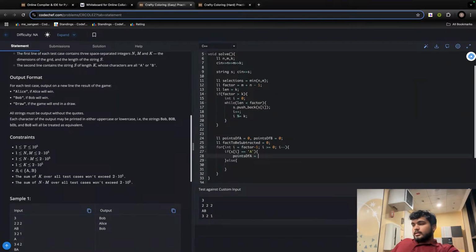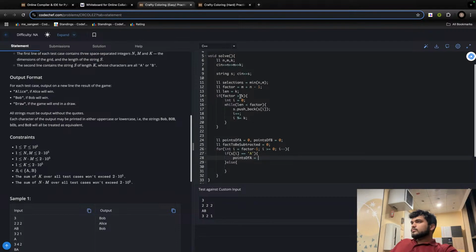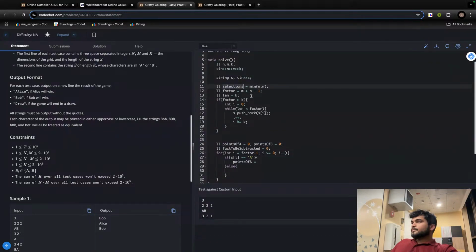When the character is a, then the assignment will be added to a. How much will it be? There should be selections. That is why I was getting confused. I'm sorry for that.